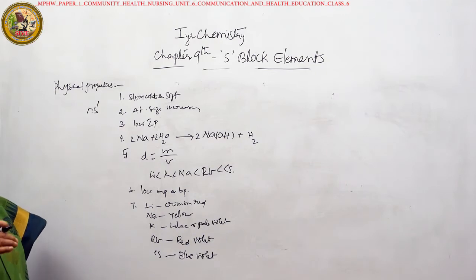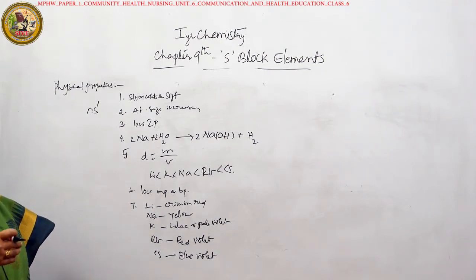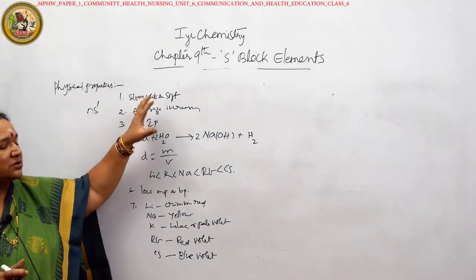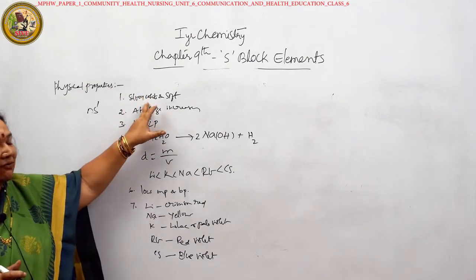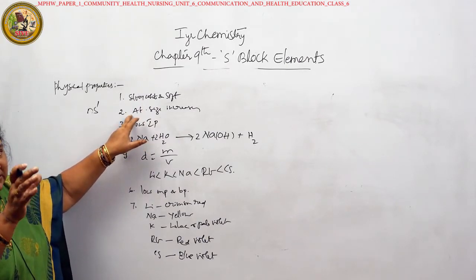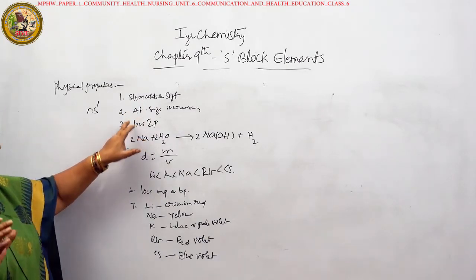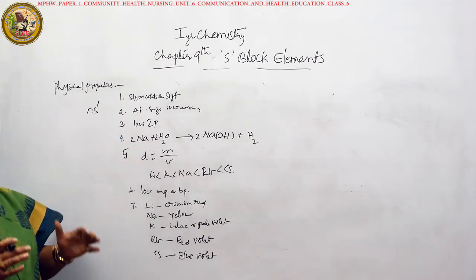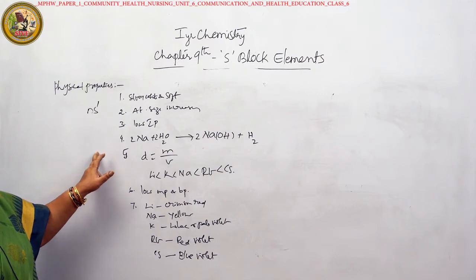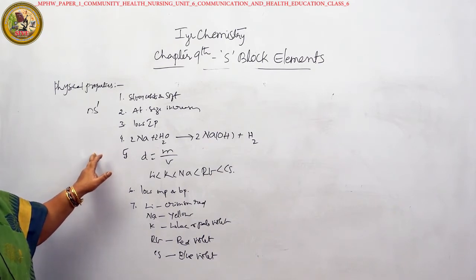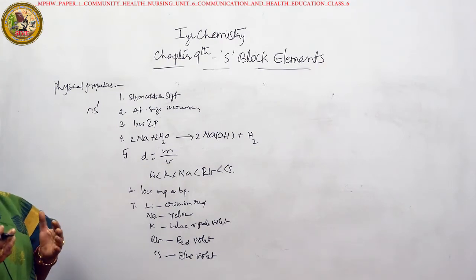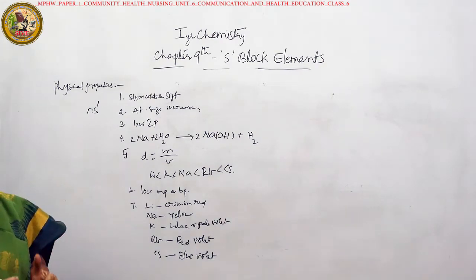Once again I will revise these physical properties. Students, almost all these alkali metals are silvery white and soft, and their atomic size increases as you move from top to bottom. With increasing size, the nuclear charge on the outermost electron is very less. That's why their ionization energies are very low as you move from top to bottom.